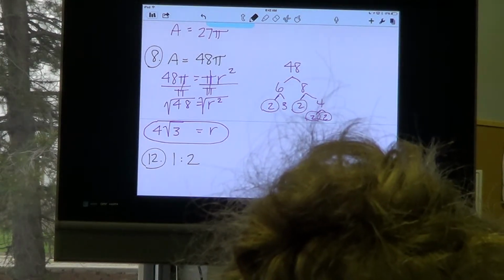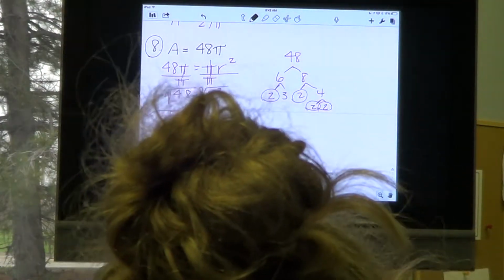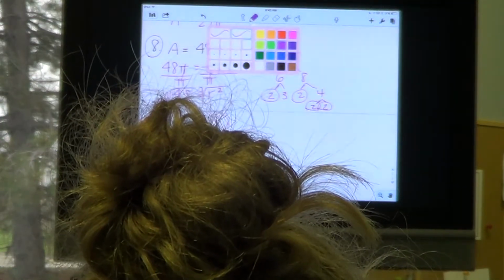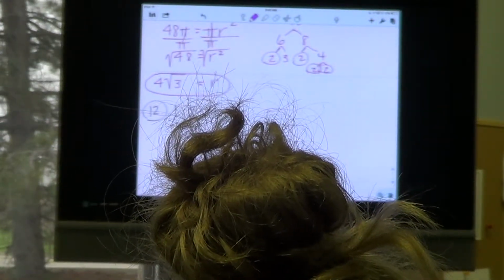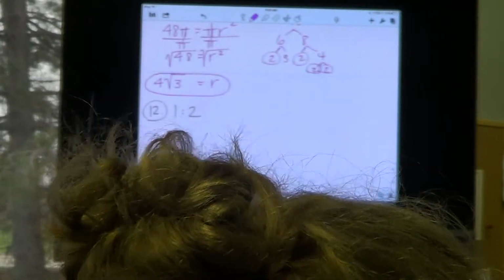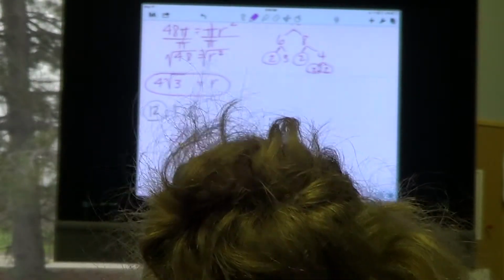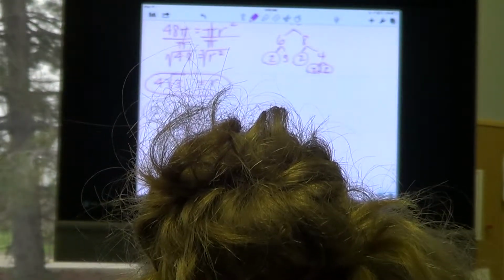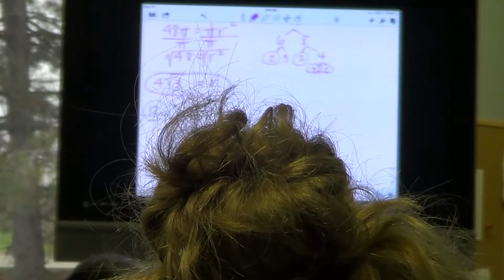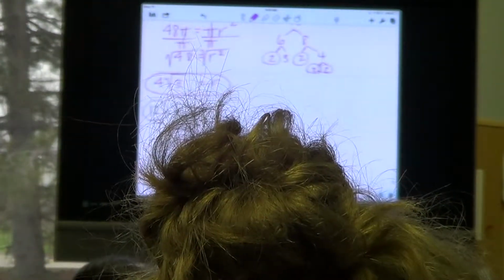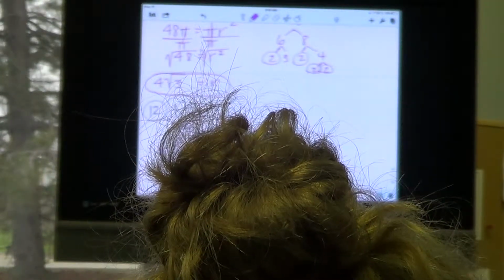Okay, so if the areas are in the ratio of 1 to 2, let's just say the area of one circle is 1 pi and the other is 2 pi. Then pi times the radius of the first one squared, pi times the radius of the second squared.